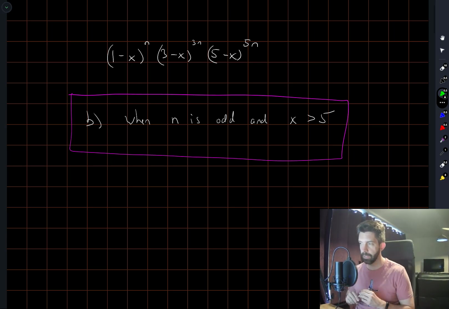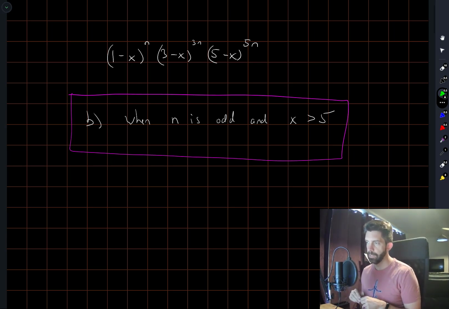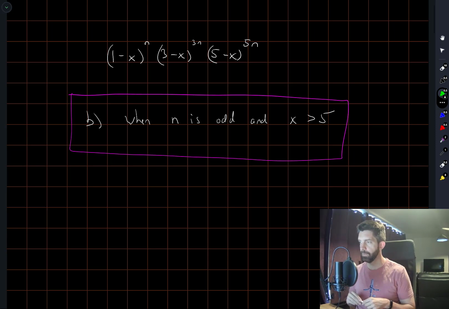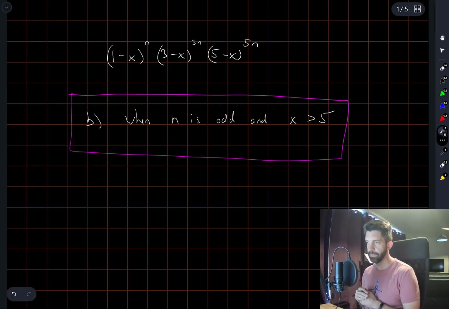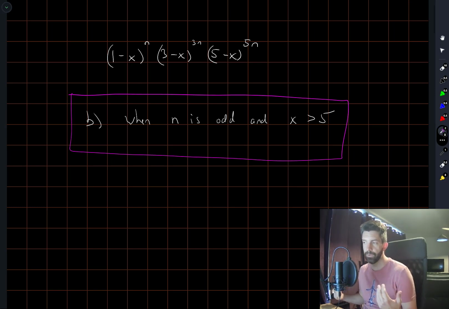Yeah, that was a nice little sort of deductive problem. When you're talking about positivity, negativity, or also parity, like whether a number is even or odd, it helped to understand how positivity and negativity interact with even and odd exponents, recognizing immediately that the second and fourth terms are always going to be positive.